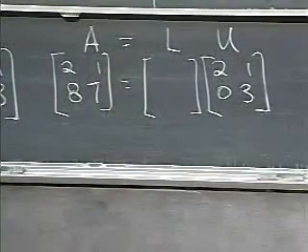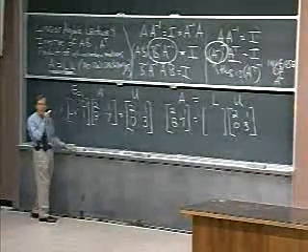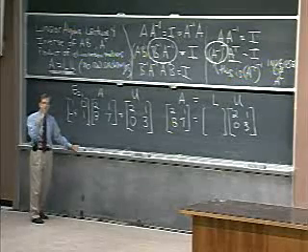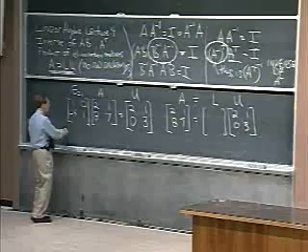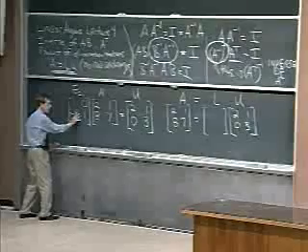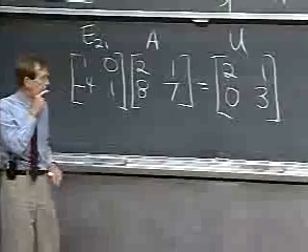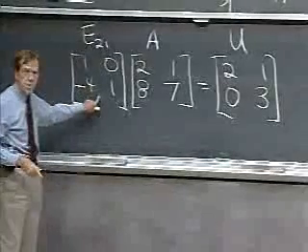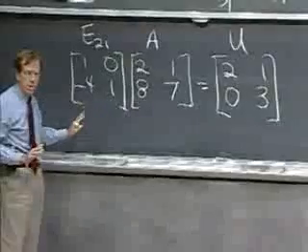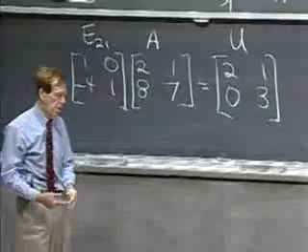Okay, so what's L in this case? Well, how is L related to this E? It's the inverse. Because I want to multiply through by the inverse of this, which will put the identity here, and the inverse will show up there, and I'll call it L. So what is the inverse of this? Remember that those elimination matrices are easy to invert.